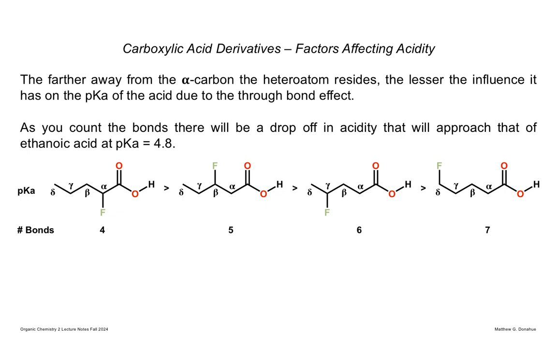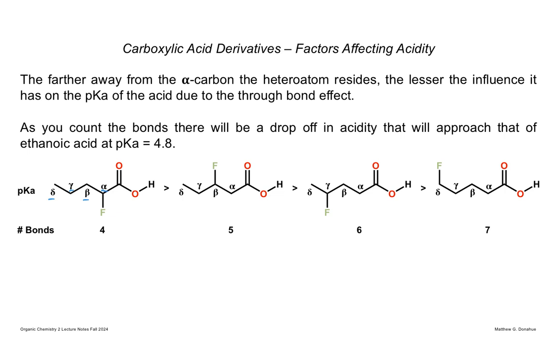Now, in this series, we've extended out the carbon chain. So there's alpha, beta, gamma, delta. And what we're doing is looking at the number of bonds between the H and the F. We start off at the alpha and then we move it all the way to the gamma.